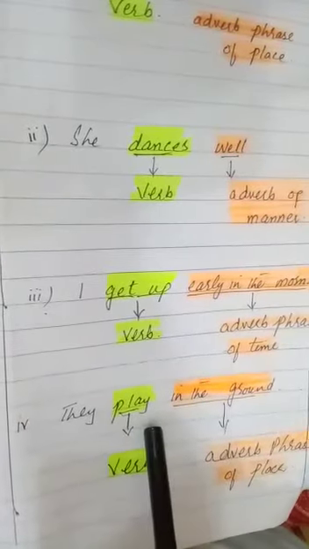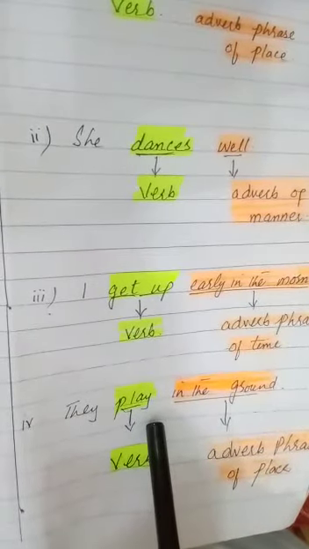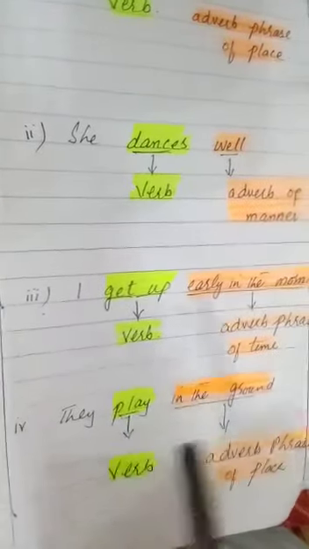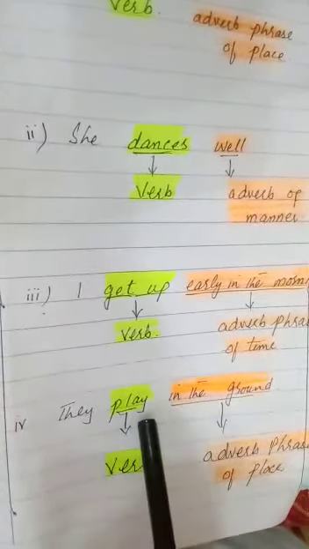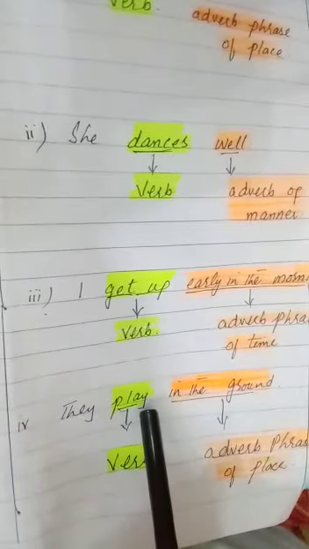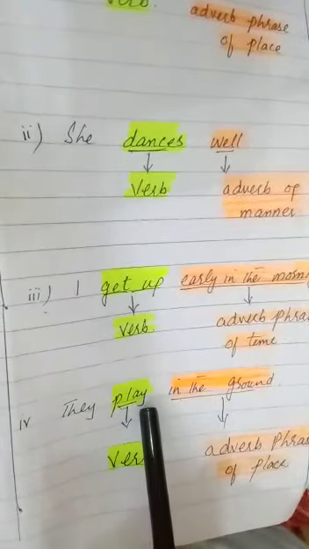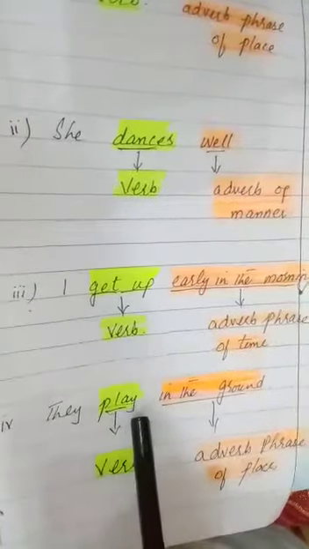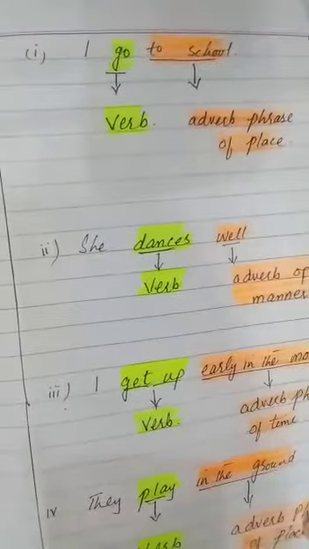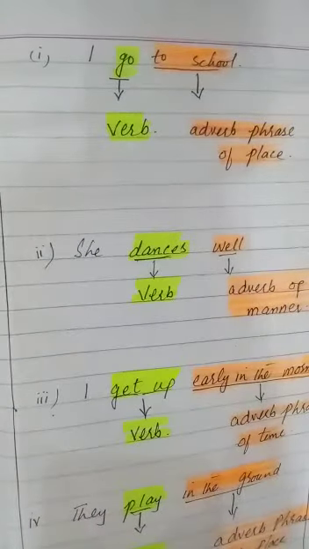But if I say they play cricket, then that will be transitive because cricket is the object of this verb. Clear? So a separate verb alone cannot be called transitive or intransitive until we use it in a sentence. So in these sentences play, get up, dances, go are intransitive, and these sentences cannot be changed into passive voice. So they are called intransitive verbs.